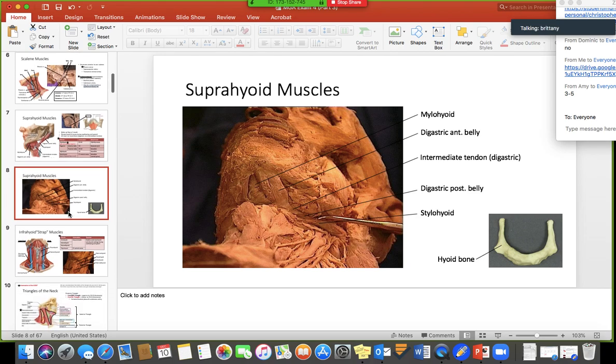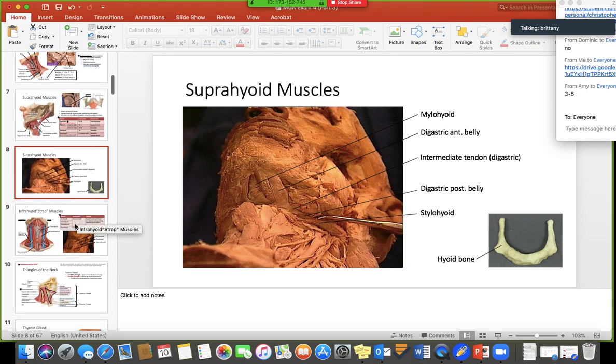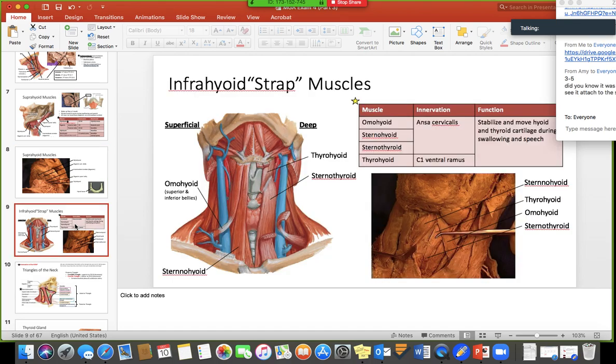Okay, and then here's just a nice donor picture to study from. One of the tags on the practical could definitely be as simple as identifying one of these strap muscles. So you have omohyoid, sternohyoid, sternothyroid, and thyrohyoid. You've probably figured this out by now, but if you just let the words work for you, it tells you where it's coming from and where it's going.